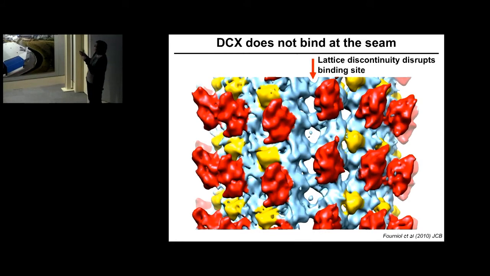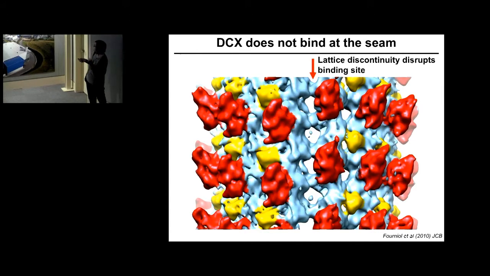What we were able to see in our reconstruction is that Doublecortin can tell the difference between these binding sites. Here, it's contacting an alpha tubulin here, and a beta tubulin here and here. But at this intersection, where you can see that the kinesins don't match up so well, there will be an alpha tubulin next door to a beta tubulin, and Doublecortin doesn't bind there. So the binding site of Doublecortin is very precisely defined by the tubulin subunits with which it interacts.